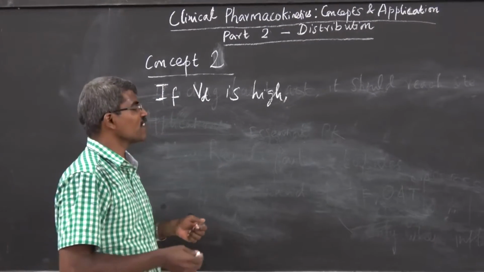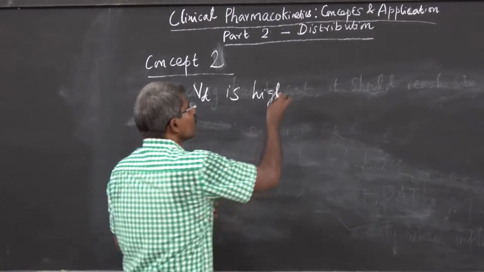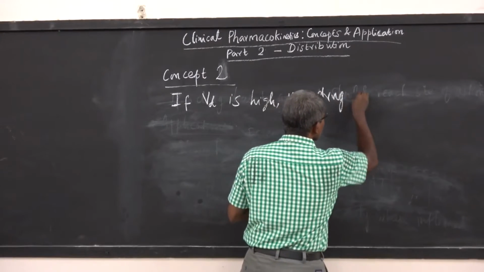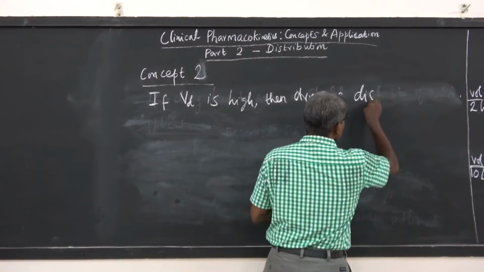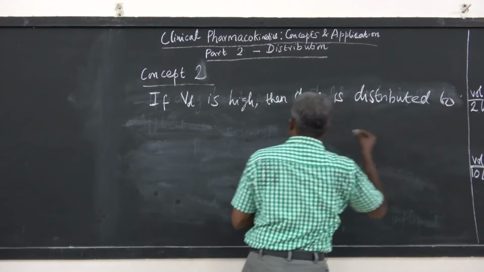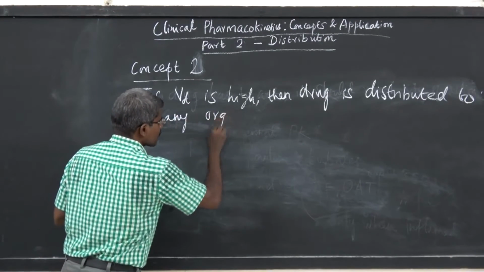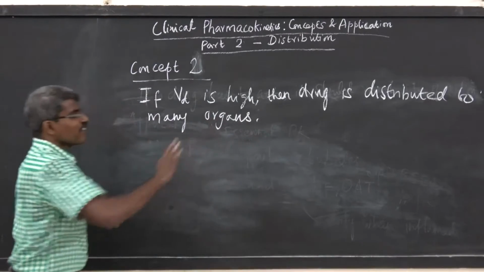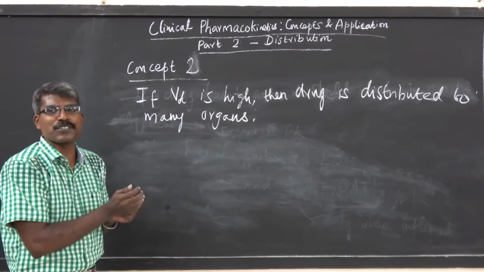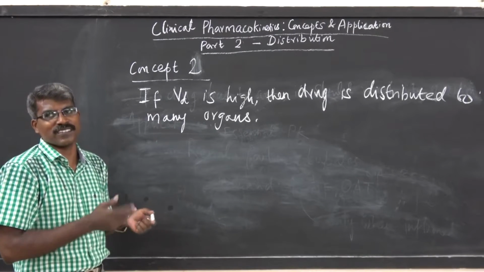If volume of distribution is high, then the drug is distributed to many organs, many structures. Now this is again a very simple concept. The converse is, if volume of distribution is very low, then the drug is restricted to the intravascular compartment itself.